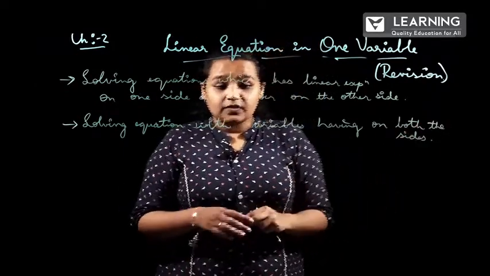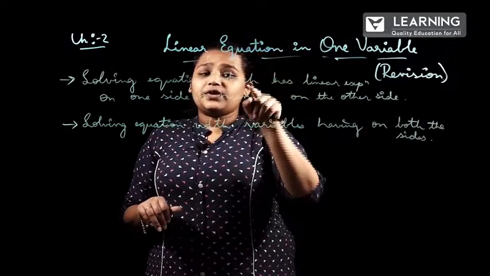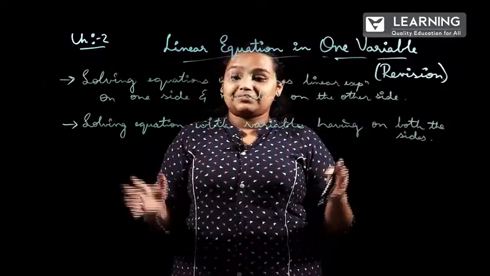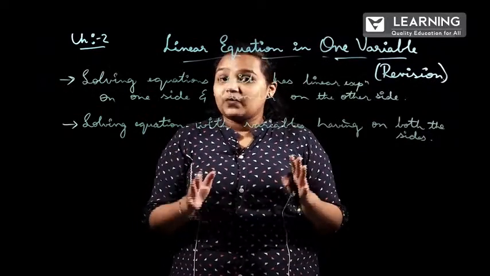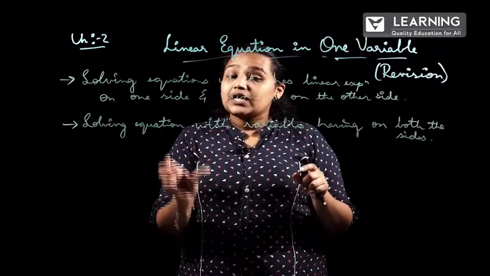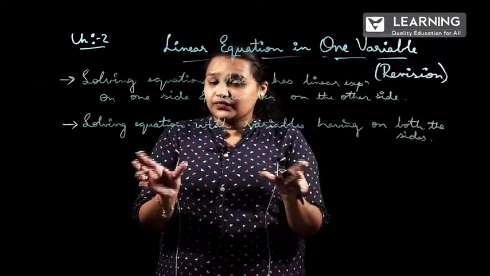In the first topic, one side will be a number and one side will be an expression, but here the linear variable, meaning just one variable, with an expression will be on both the sides of the equal sign.